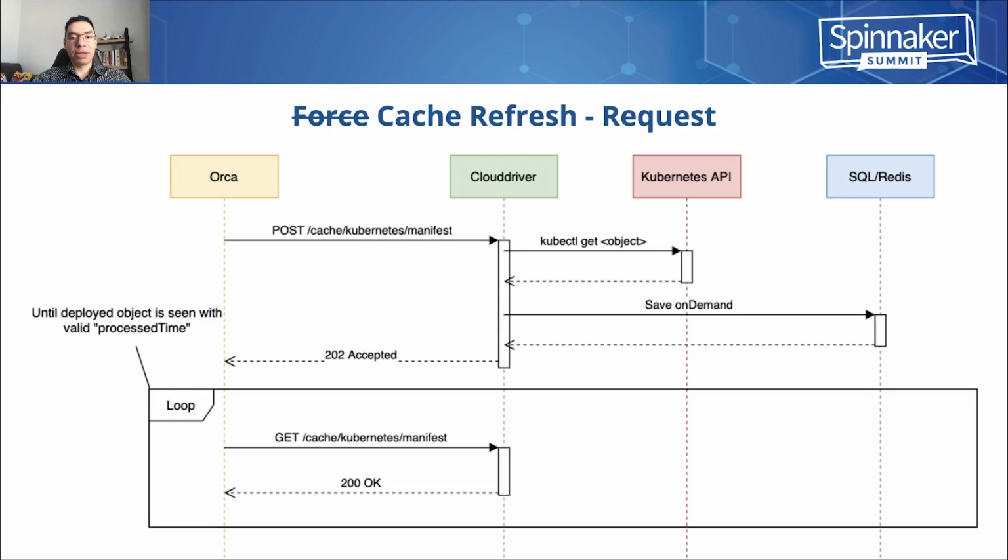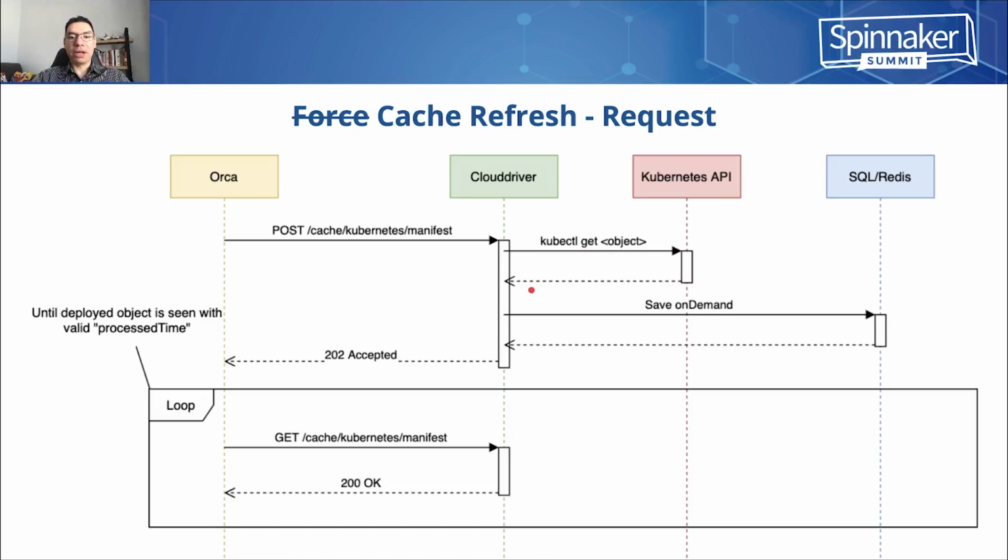For example, if we're deploying an Nginx Kubernetes deployment, then this request will indicate to Cloud Driver that it should refresh that object. At this point in time, Cloud Driver will do a kubectl get call for that object to the Kubernetes API server. In the example, it will be a kubectl get deployment nginx.